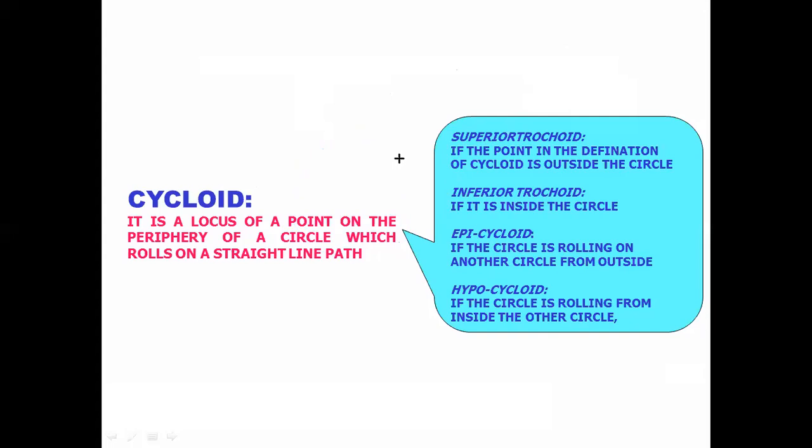It's very simple. First, it's a kind of steps we are checking. First of all, the problem is given. Now we will tick mark the things. What kind of curve is required to be drawn? First of all, we'll see whether it is a cycloid or involute, or we will learn the spiral also. So spiral, cycloid or involute.